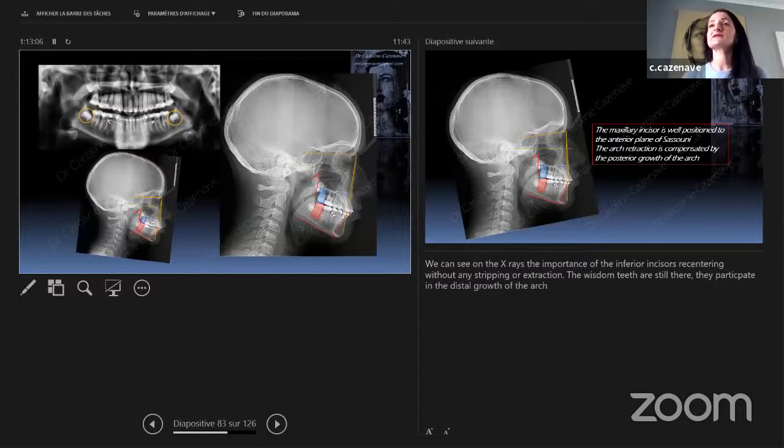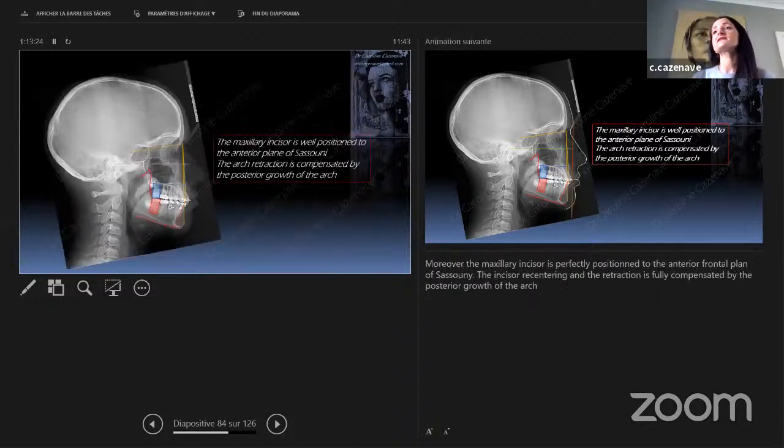We can see on the X-rays the importance of the inferior incisors recentering without any stripping or extraction. The wisdom teeth are still there, and they participate in the distal growth of the arch.